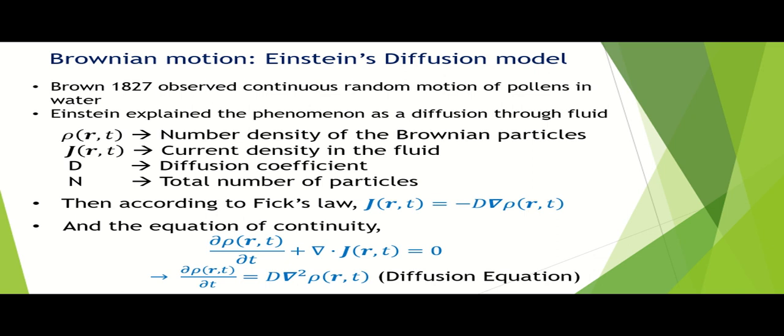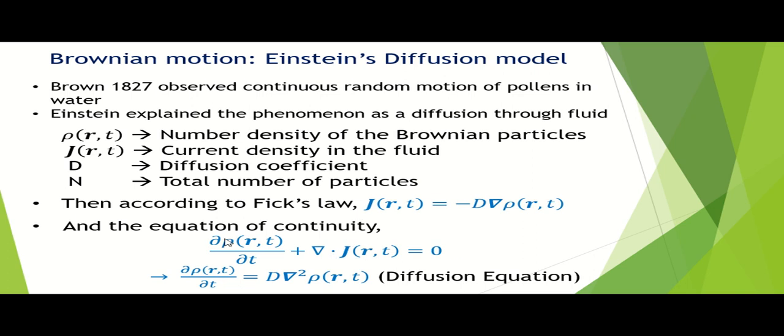In addition to Fick's law, we can also use the equation of continuity. The equation of continuity tells you that the change in rho with respect to time is equal to minus the divergence of J, the divergence of the current density.